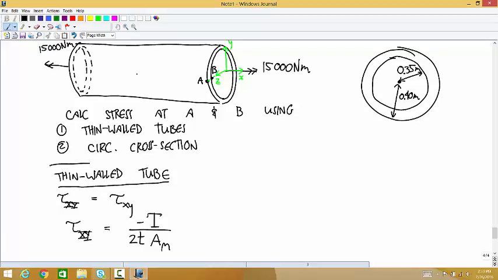If you think of doing a cut here, you'd have a torque on the left that's equal to negative 15,000. That means the internal torque has to be positive 15,000. So this value has to be 15,000.